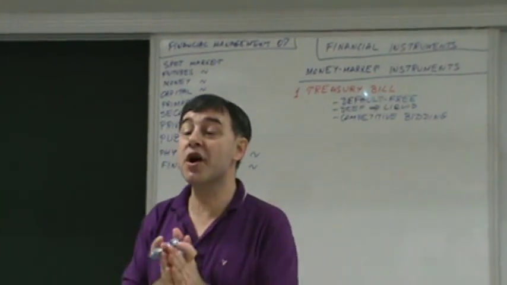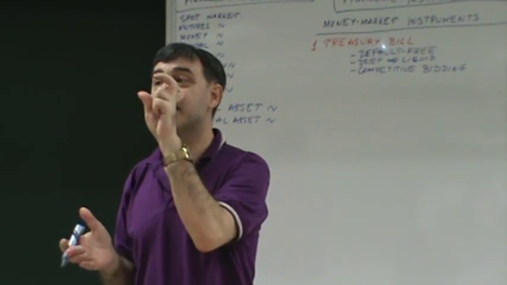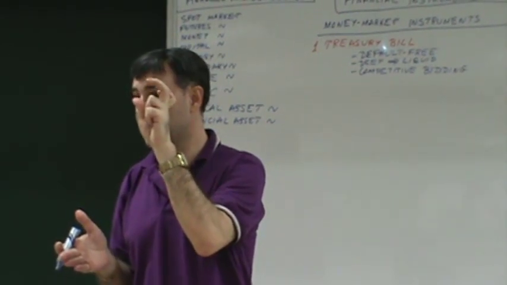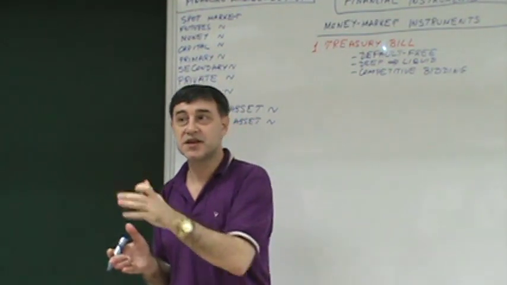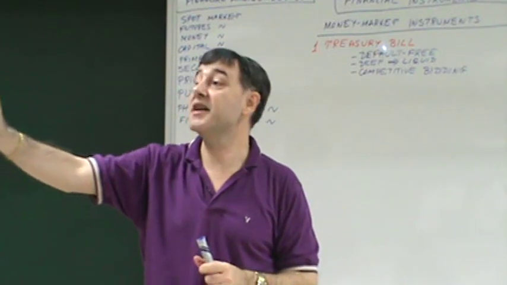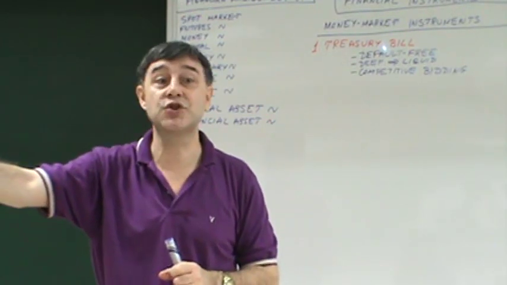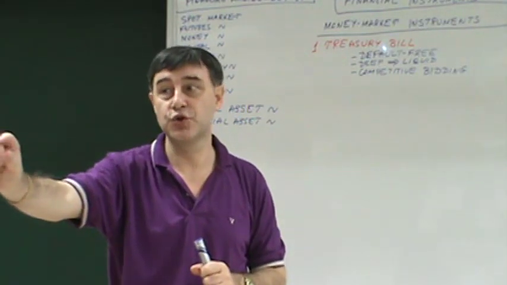They say, we want to buy so many for that yield, and everybody submits their bid. So they say, we want to buy 10 billion at 2%. The other one says, we want to buy 1 billion at 2.25. We want to buy $500 million at 2.20.